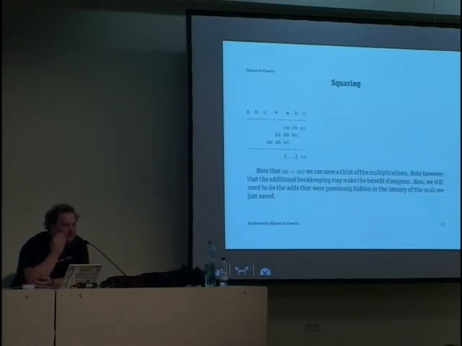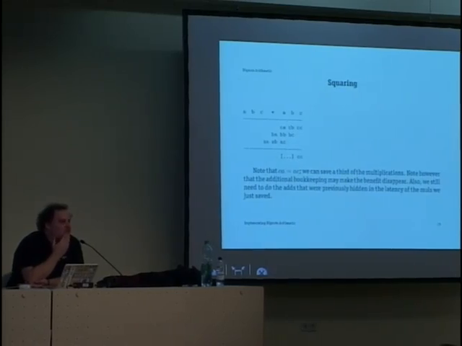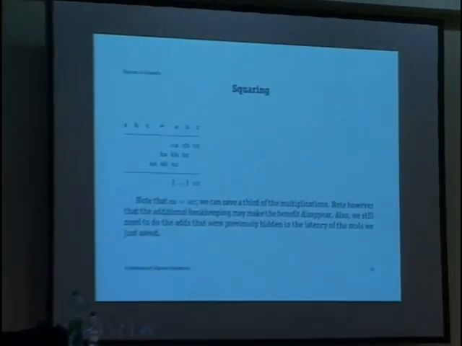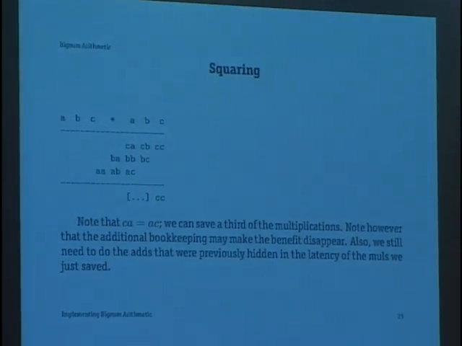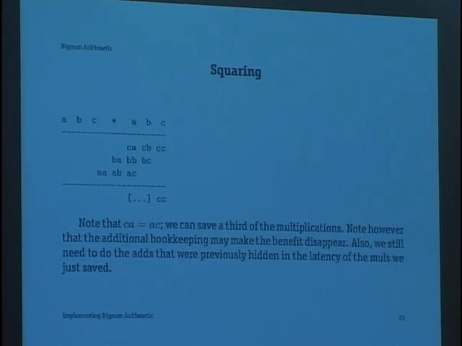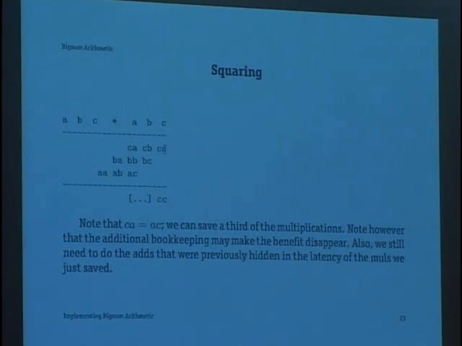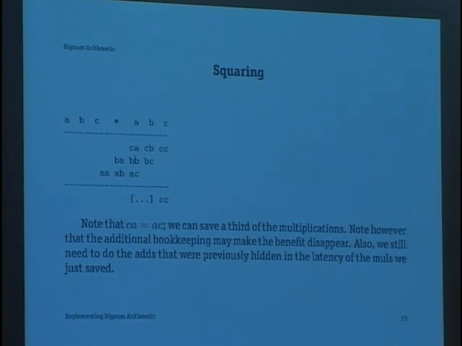So the question appears, can you save more? Can you be more efficient if you know that you're squaring? And it turns out yes. So if you write this down, you see that you have this column in the middle of numbers squared, and okay, you need those. But the others can be folded. So you have AC and CA. That's the same value, right? So you could save time. About 1/3 of the values don't have to be calculated.